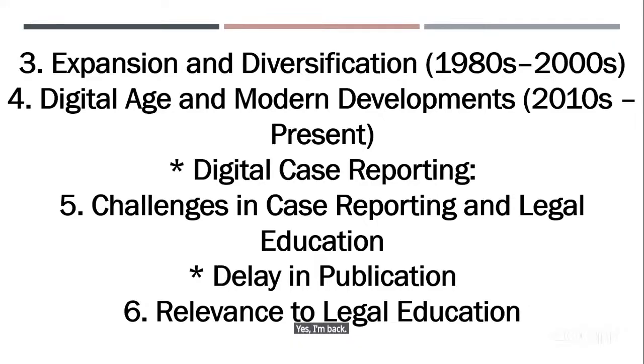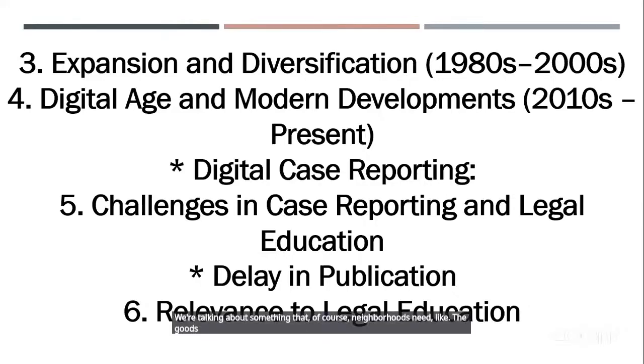Sir, you talked about a case whereby the employment is because of a neighborhood that it shows a neighbor. So what case is that, sir? I didn't get you. We're talking about something that caused neighborhood, like the goods that the person consumed.